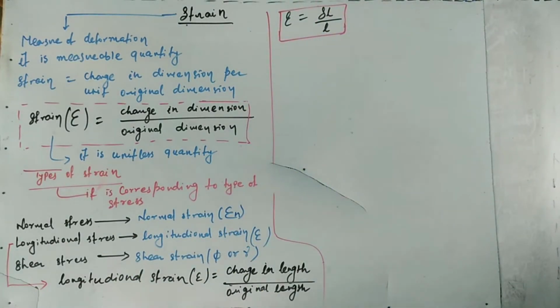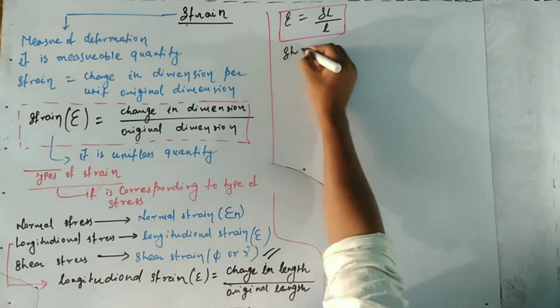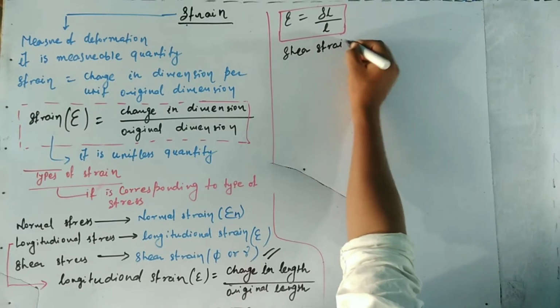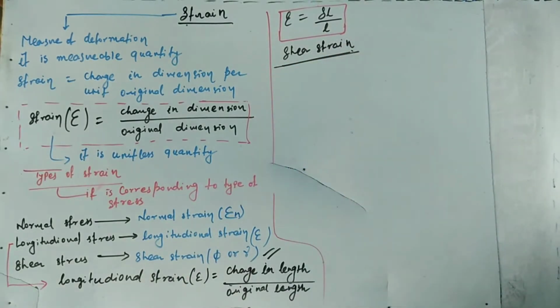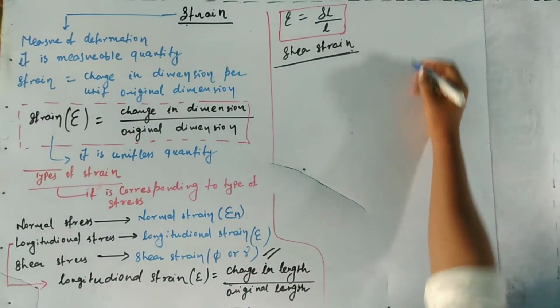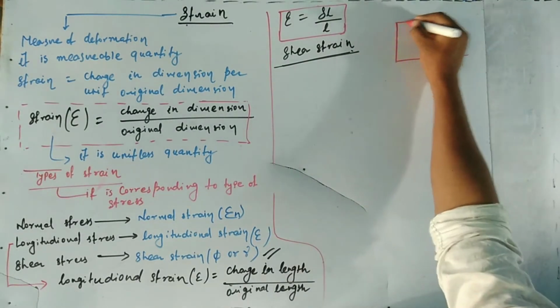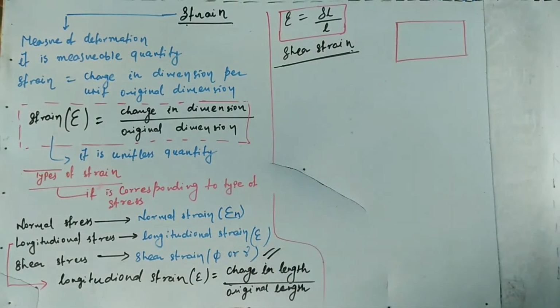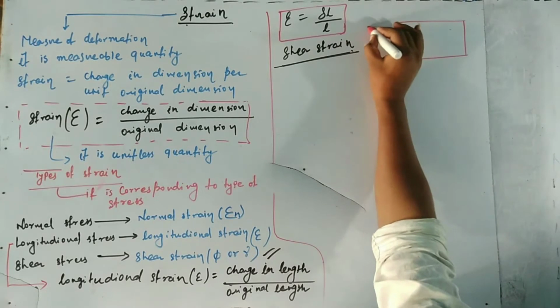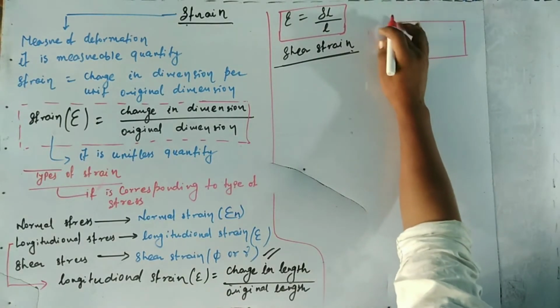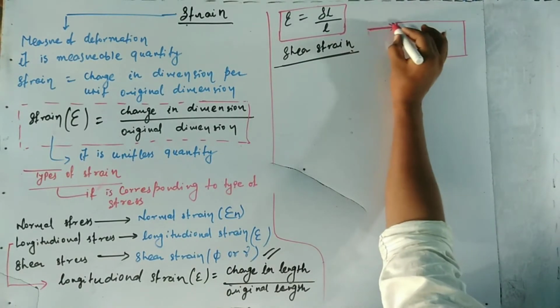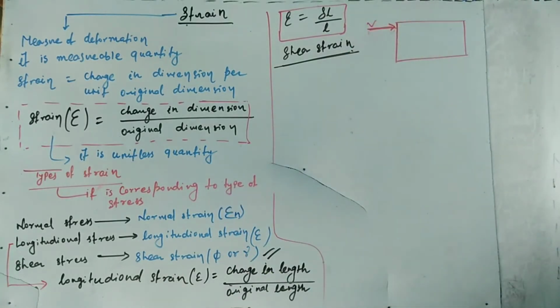Now the next type of strain is shear strain. So what is shear strain? For this we draw a body and understand shear strain. We take a body, and if we apply the shear force V, then the deformation in the body will be shear.